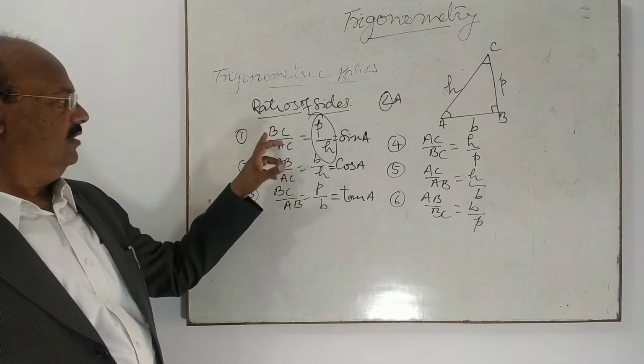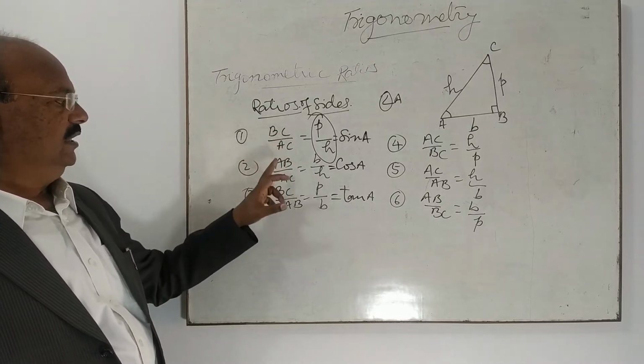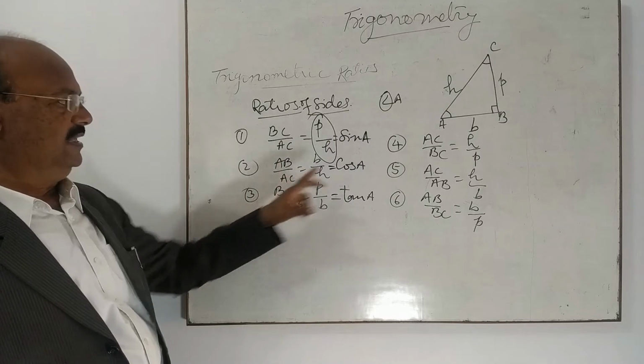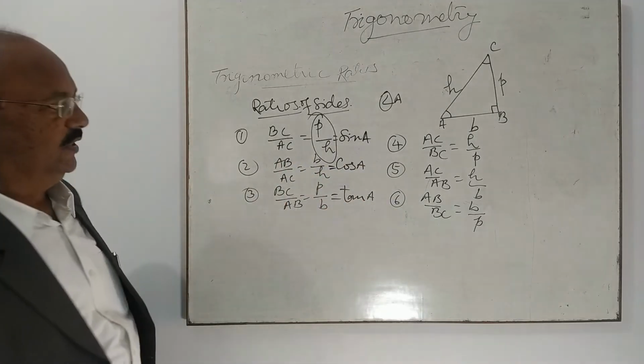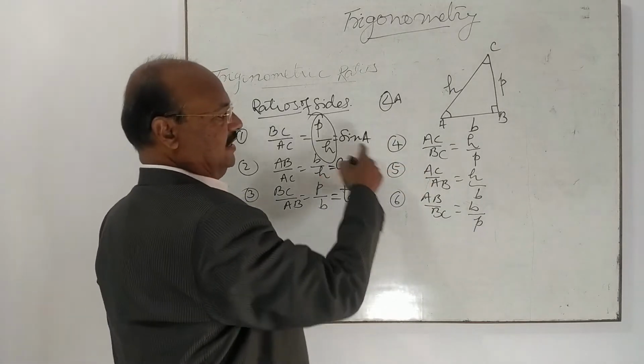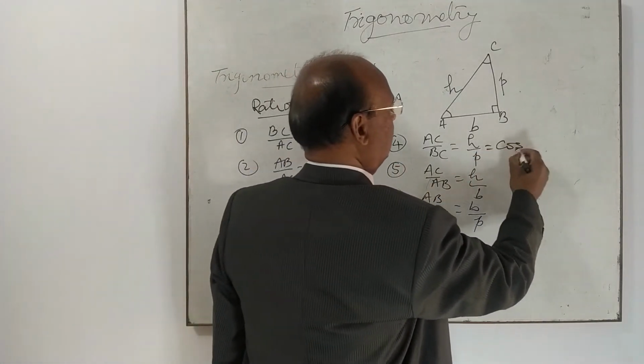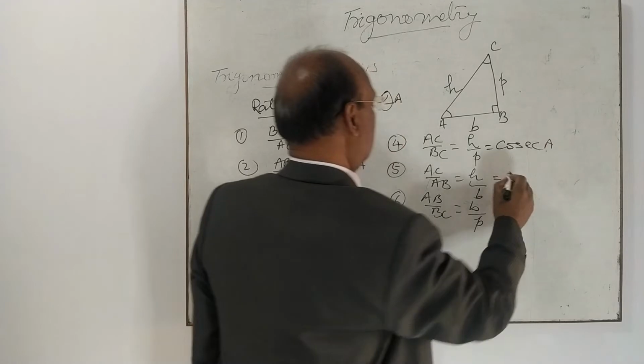So this is sine A, cos A, tan A. Now the reciprocal of BC by AC, the reciprocal of AB by AC and the reciprocal of BC by AB. So the reciprocal of sine A is cosec A. You remember it.